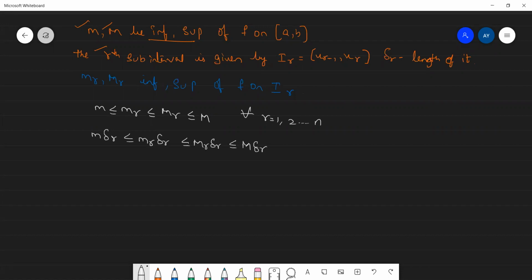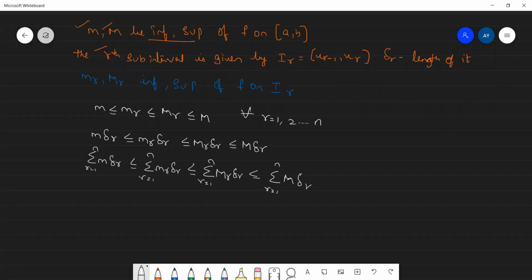Now putting summation on all sides: summation r equals 1 to n of m delta r is less than or equal to summation of m_r delta r, less than or equal to summation of M_r delta r, less than or equal to summation r equals 1 to n of M delta r.